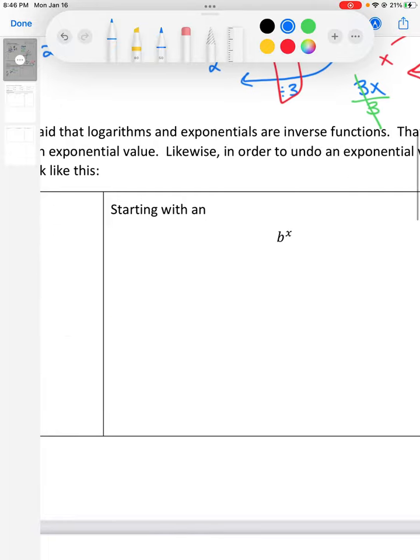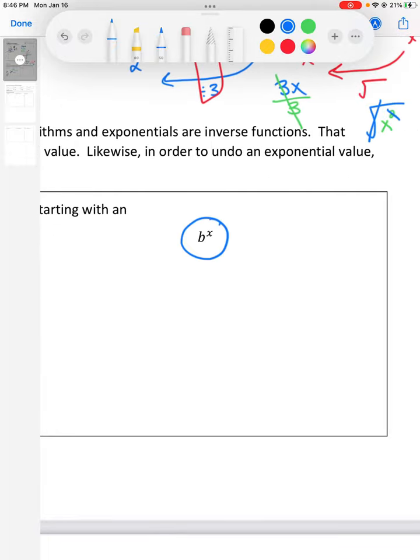So let's go here. If I'm starting with an exponent, what do I do to get rid of the exponent? The opposite of an exponent is a logarithm. So we use a logarithm. I have b to the x, and I'm just going to take the log of it.